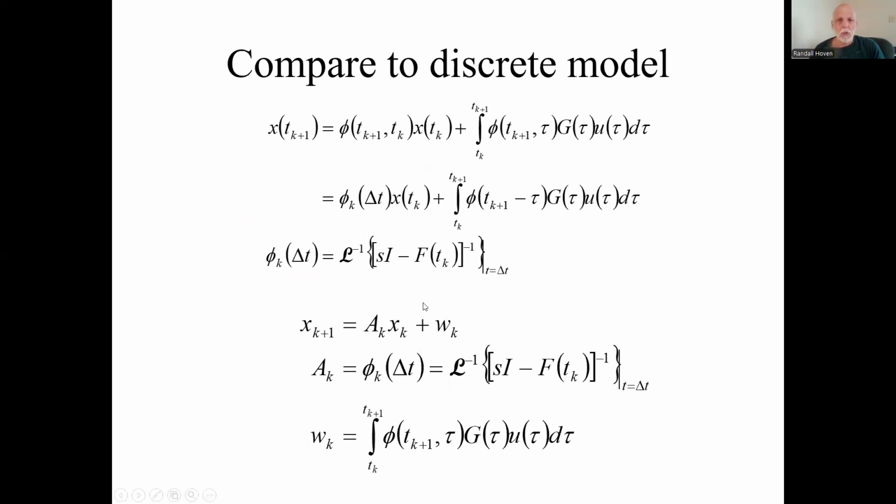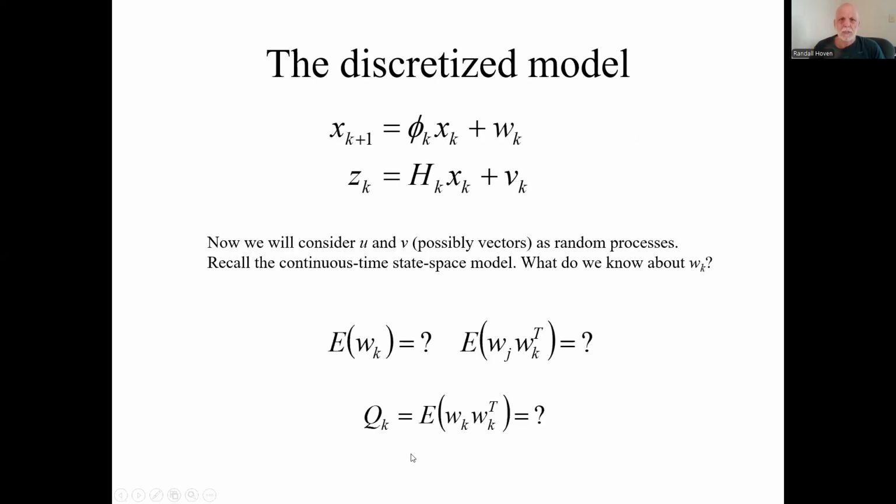And the W sub k, that's this part of the discrete model, is this kind of mess over here in the continuous case. So we have ways to translate it. We now know what A sub k is. We now know what W sub k is. So we have a discretized model, and we're going to start putting in phi here all the time. So here is the discrete time state space model.